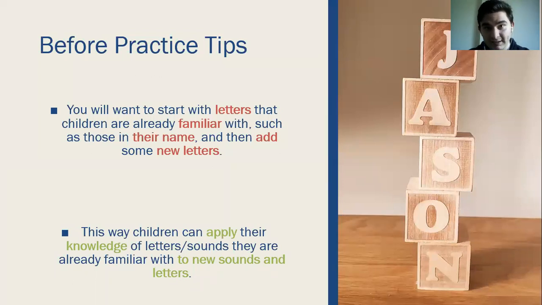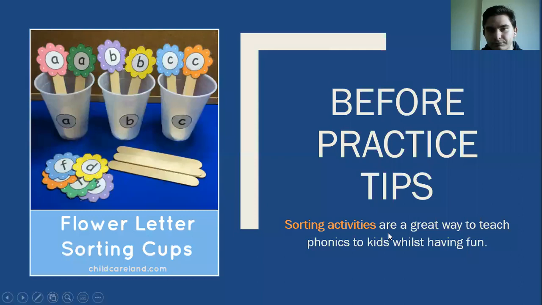So you can create new words and new sounds, and you can make new connections by starting with their names. By doing this, kids can apply their own knowledge of the English language and of phonics, and you can start developing from here.